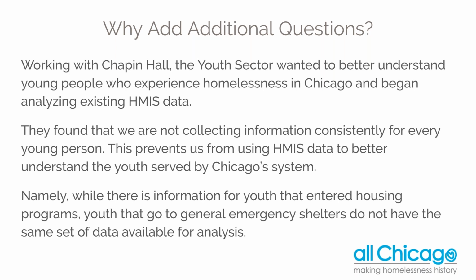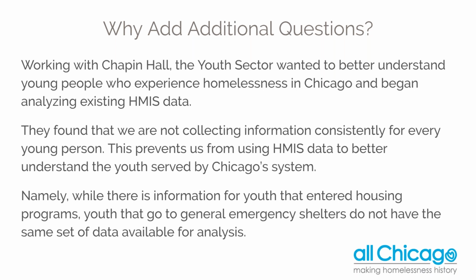So if my client goes to youth agency A, they're going to have a series of questions asked that are going to be asking them about education, employment, parenthood, etc. But if they go to just a general emergency shelter that has both adults and youth, we're not going to be asking those in-depth questions about employment, pregnancy, parenthood, education. They're going to get the basic HUD entry assessment.